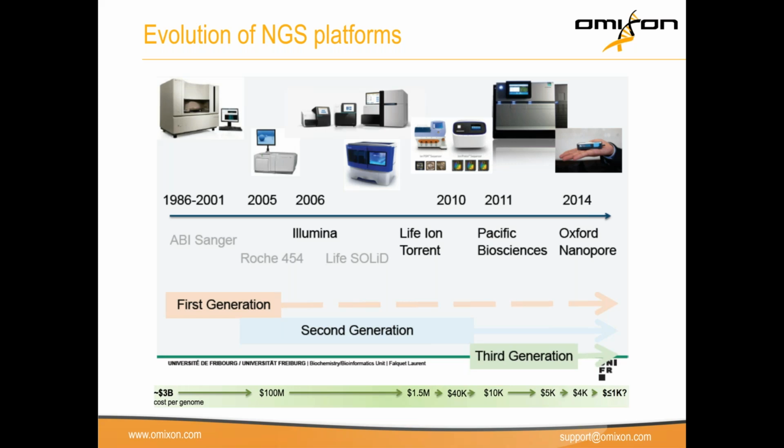These are the next generation sequencing platforms, as we call them now, so the Illumina and the Ion Torrent platforms. And now we are starting to see the introduction of the third generation, which are the long read sequencing platforms. They're not very much used yet in routine labs because we're still struggling with proper quality, but it's definitely coming and it's definitely the future.